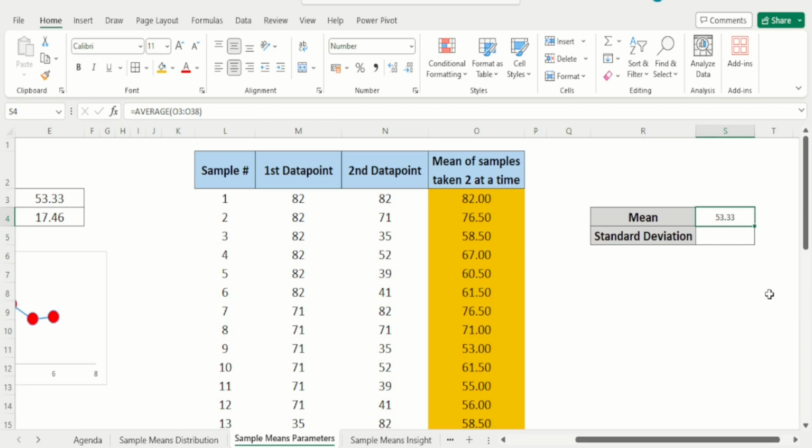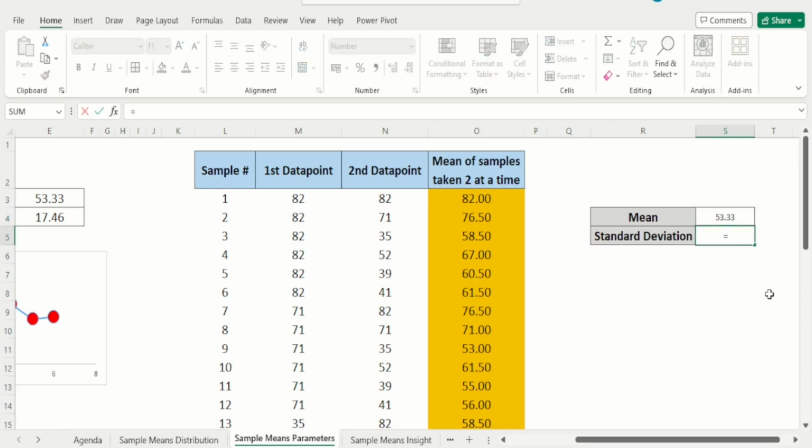If you practice this in Excel or any software yourself with samples of different sizes, say size 3, size 4, or size 5, compute the means of those independent samples, and then take the mean of the distribution of those means, you will notice that it always equals the mean of the entire population. Now, what about standard deviation?